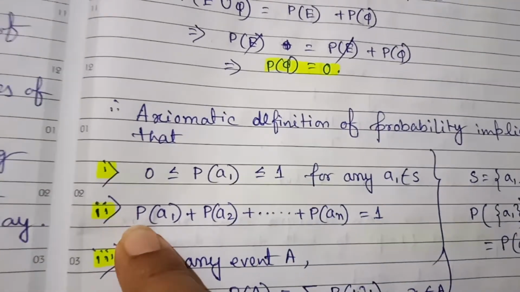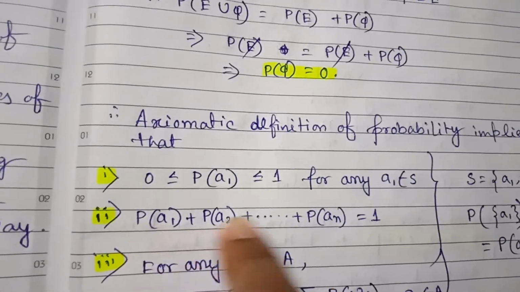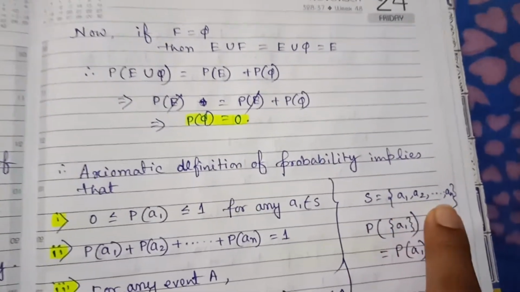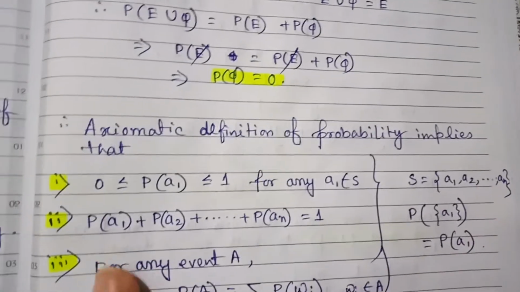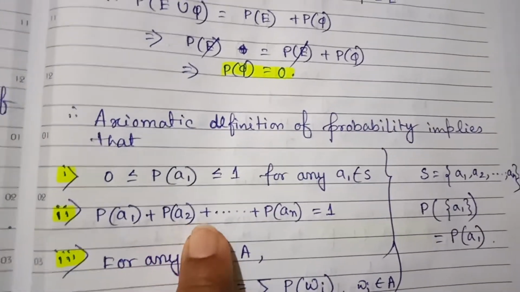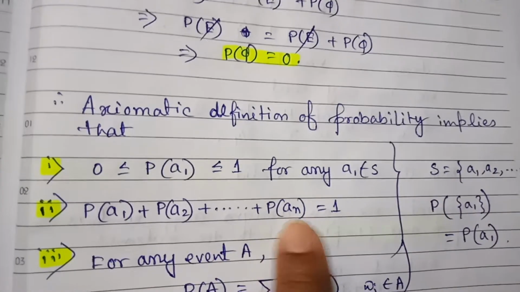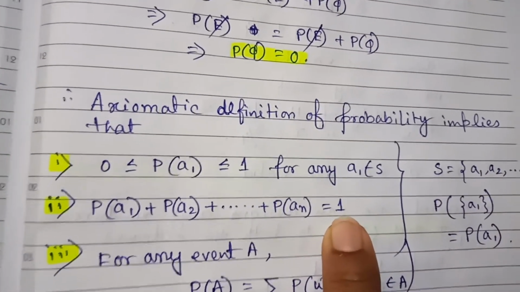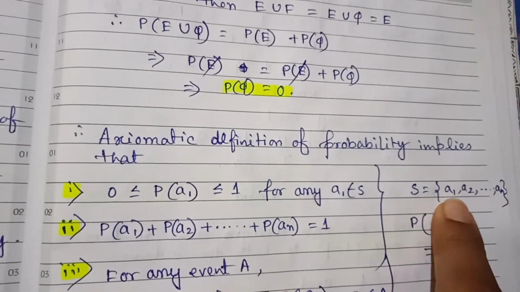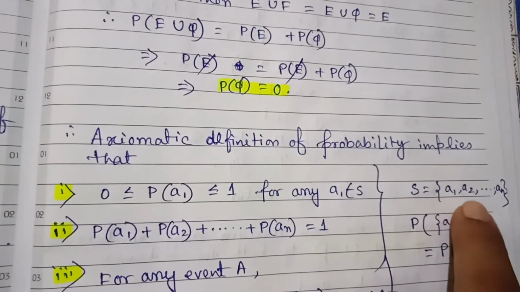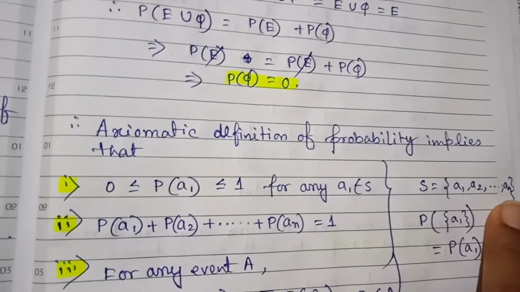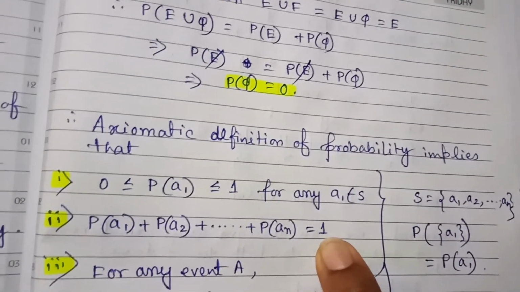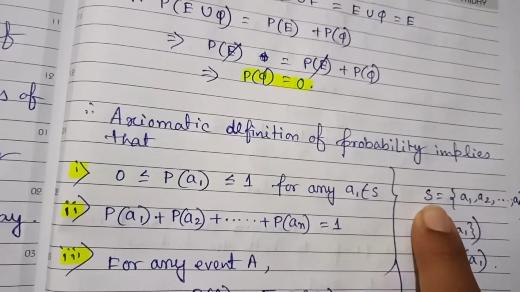The second condition tells that if S equals A1, A2 up to An, then P(A1) plus P(A2) plus dot dot dot plus P(An) will equal 1. That means the addition of the probabilities of all elementary events will give us the result 1, because this is the sample space.